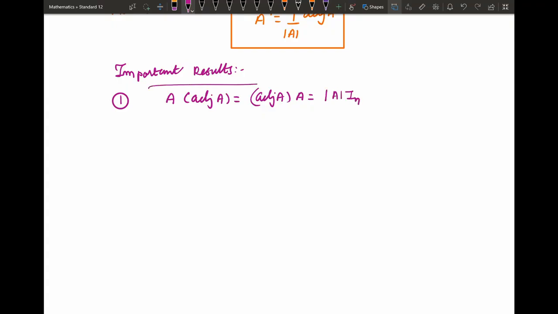This is a very important result for MCQ purpose. A into adjoint A equal to adjoint A into A equal to determinant A into In.